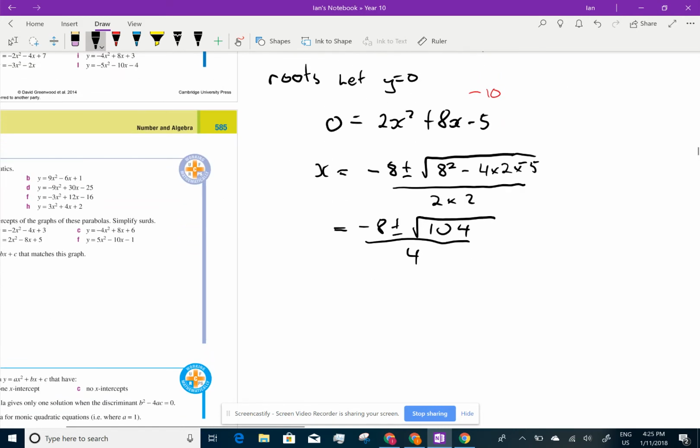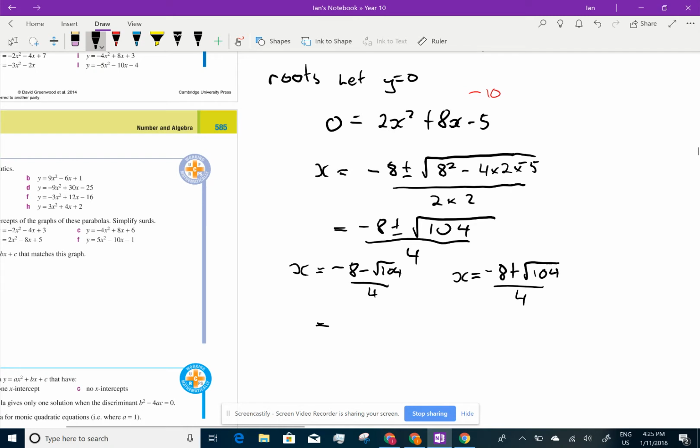So I get these two values: x equals negative 8 minus root 104 over 4, and x equals minus 8 plus root 104 over 4. Now he wants it to 2 decimal places.